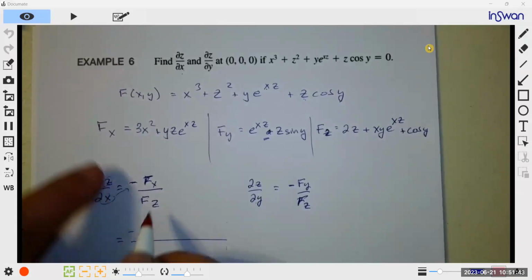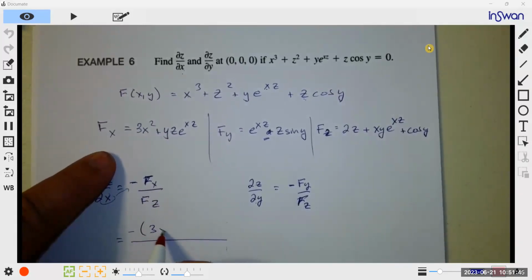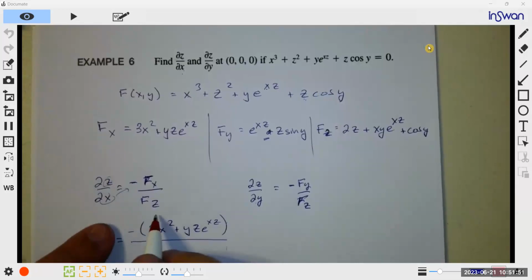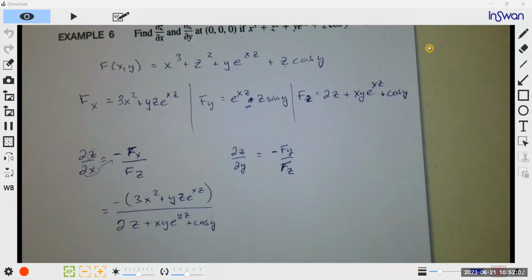So the negative 3x squared plus yz e to the xz over 2z plus xy e to the xz plus cosine y. So that's the partial.